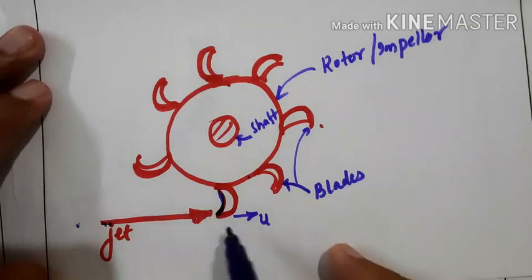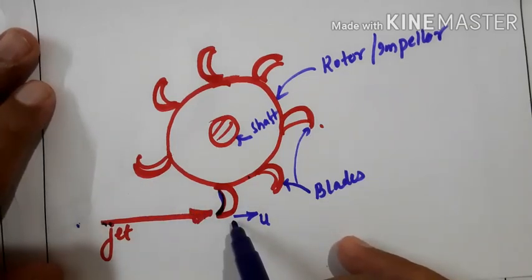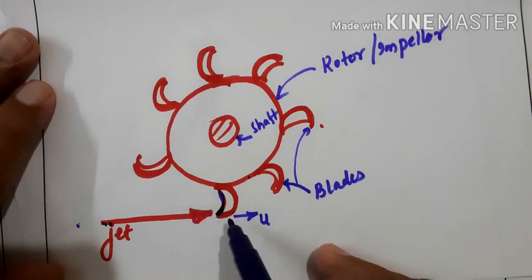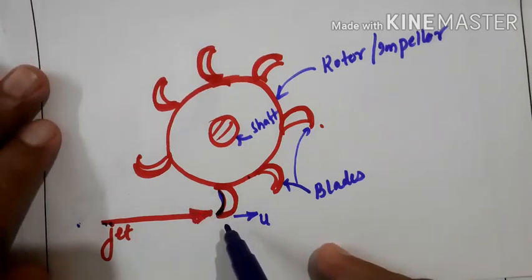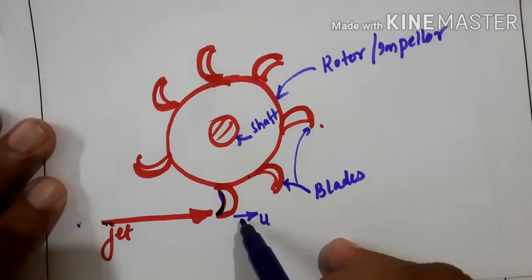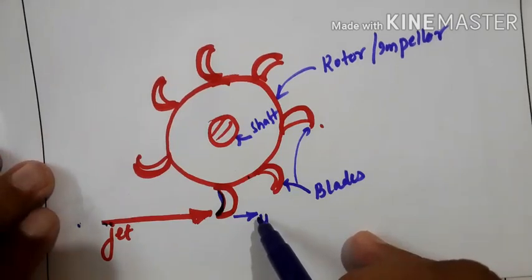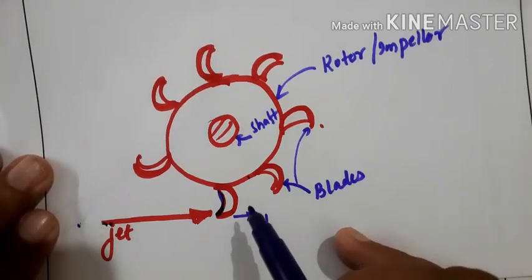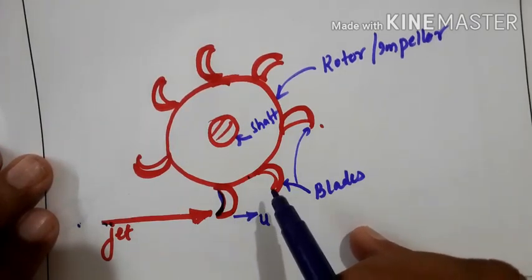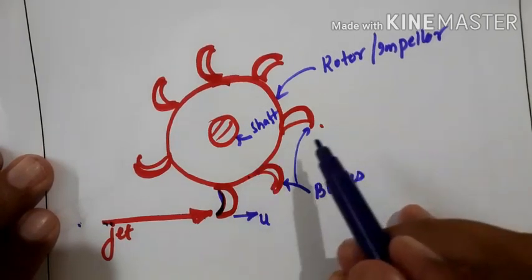Then again the next blade will come and stand before the jet, that also receives the force. Again the third will come and stand before the jet, that also receives the force. So this continuous rotation will go on, and ultimately from the blade the motion will be transmitted to the disc and shaft.